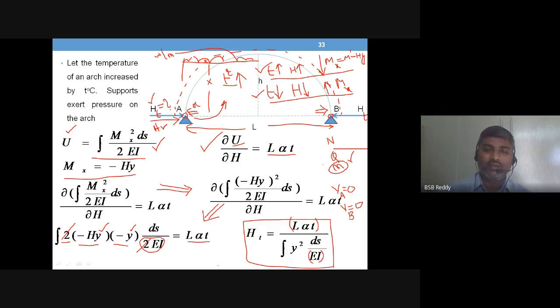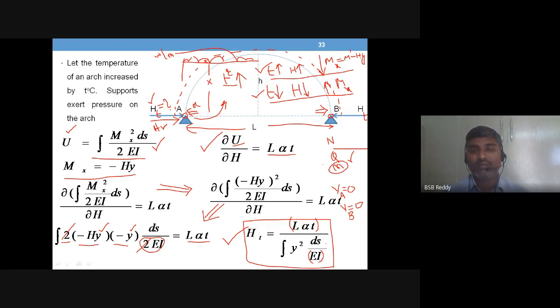Okay, so finally you are able to calculate horizontal thrust from temperature change by this formula. Numerator L alpha T, and denominator is integral y square ds by EI.